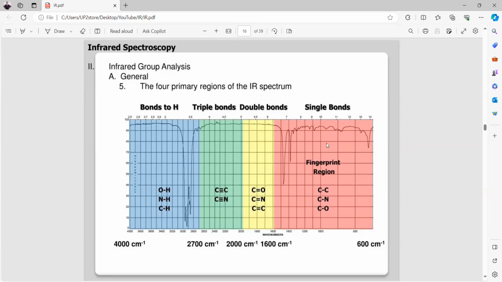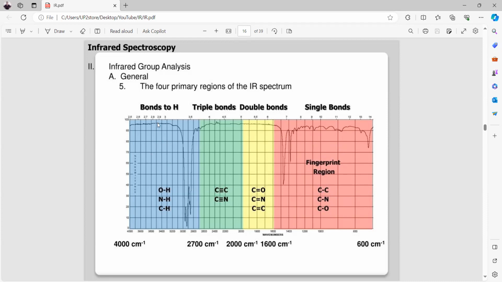Every molecule has a different fingerprint region. You can detect C double bond C, C double bond N, and C single N, C single O.